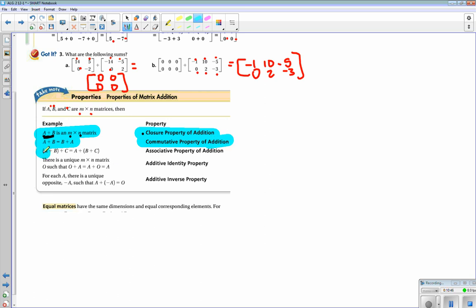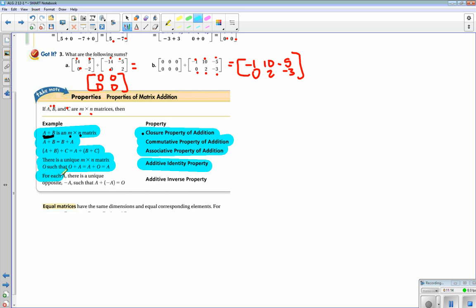You can go A plus B and then add C, or you can go B plus C and add A, and it would be equal. That's the associative property of addition. There is a unique m by n matrix, 0, such that when we add it to A, we get A. That's called the additive identity property.